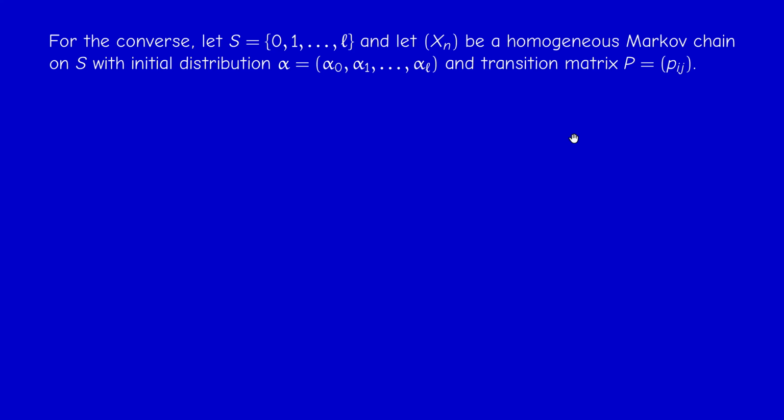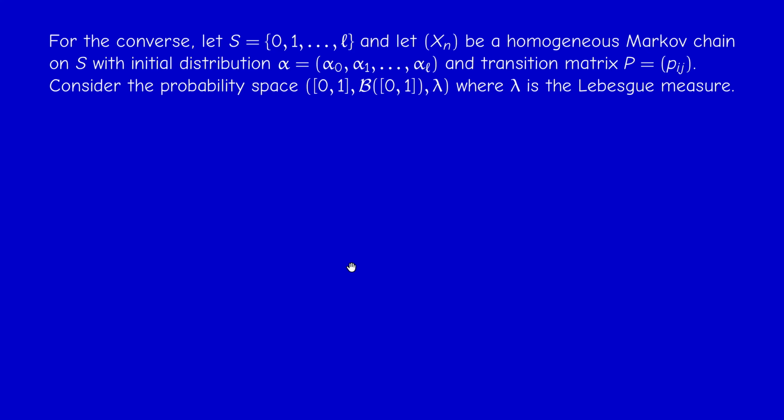I have to find a discrete dynamical system which has the same distribution as Xn, right? Now, this is one of the rare places where we use measure theory, but in a simple setting. So we consider the set 0, 1 equipped with its Borel sigma algebra and the Lebesgue measure. Okay, I don't need the Lebesgue sigma algebra, just Borel is enough.